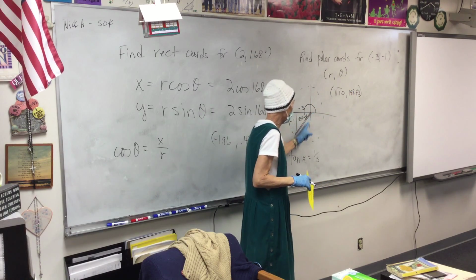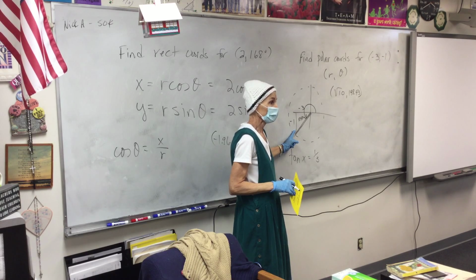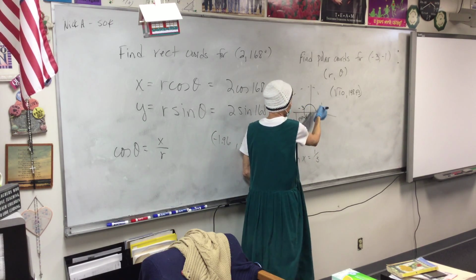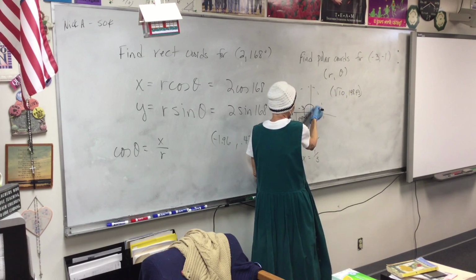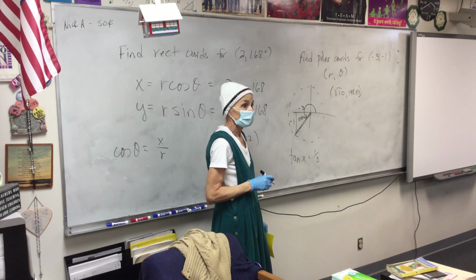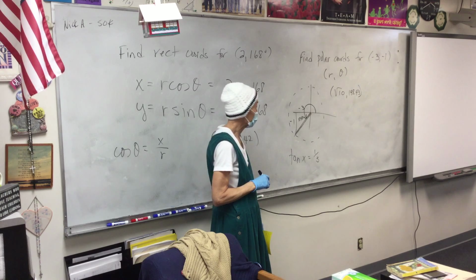What will we be looking for? This is the magnitude of the vector. And what do we call this in terms of the vector? In terms of polar coordinates, it's theta, but we call this the vector's direction angle. That's the direction it's pointed in standard position, 180 degrees.